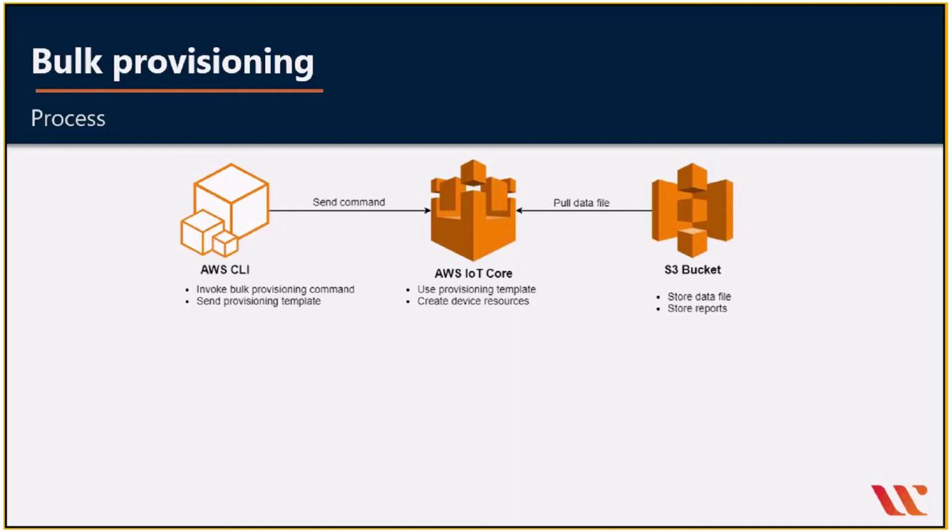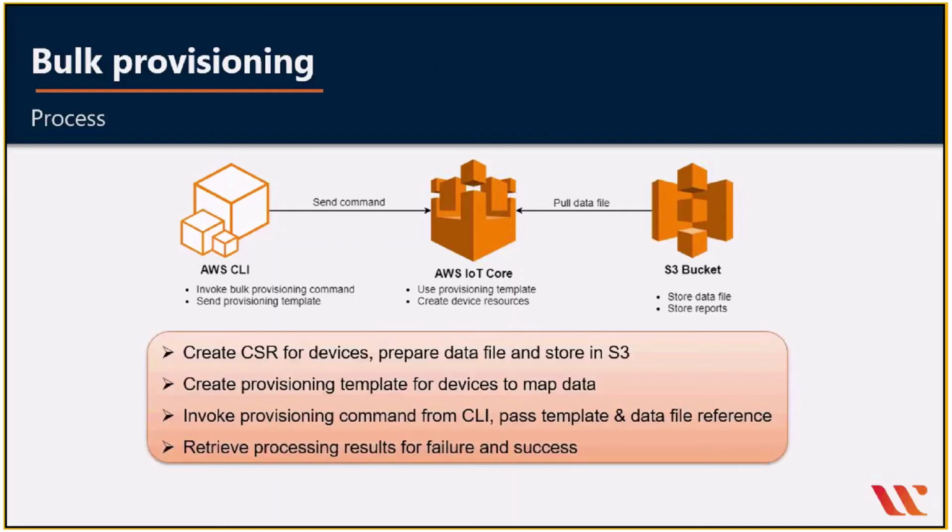After this, a provisioning template is created which refers to the data in the data file. This provisioning template is used by the IoT Core to map the data from the data file to create IoT thing, policy, and the certificate. Eventually, the bulk provisioning command is executed, which provisions the devices and returns the error and success details for all the devices.